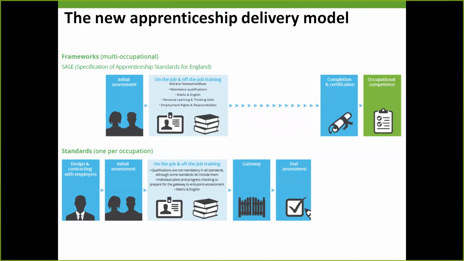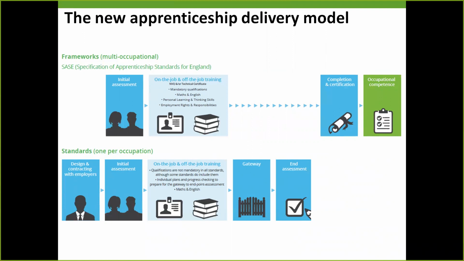There's a definite distinction between the on-the-job training, teaching and learning, and all of that skills, knowledge and behaviours development, preparing the learner for gateway.